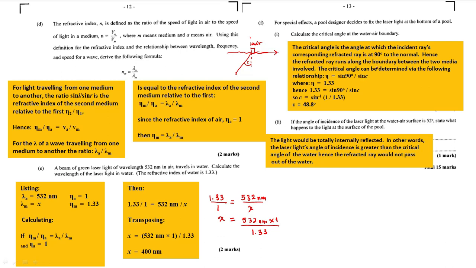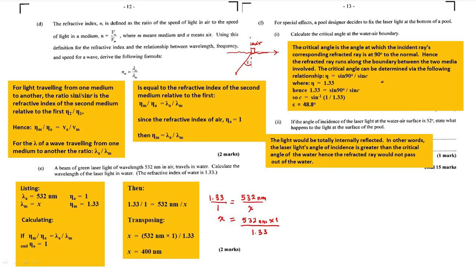So the critical angle can be determined via the following relationship, where the refractive index would be equal to sine 90 divided by sine C. This is the angle of the refracted ray in air, which is 90, that's why we have it here, and this is the angle of incidence in the second medium.